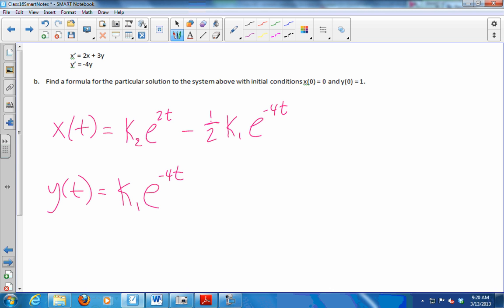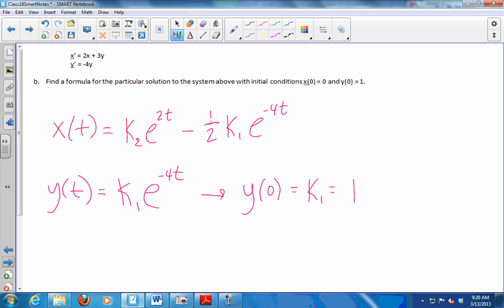Now I use x of 0 and y of 0 to figure out what the k's have to be. So y of 0, I'm starting with y because it only has one constant in there, so I can figure that one out first. y of 0 would be k1, which is 1.